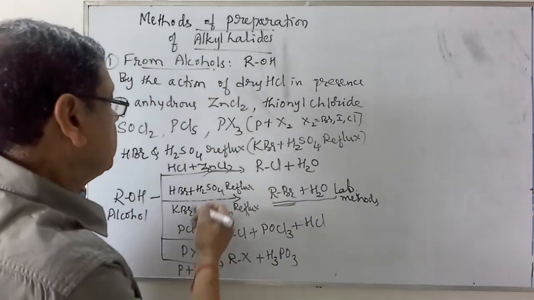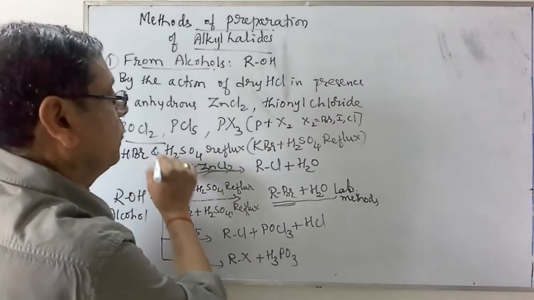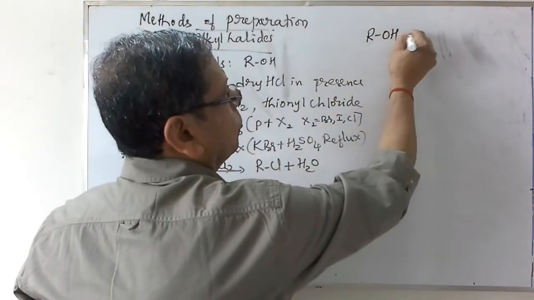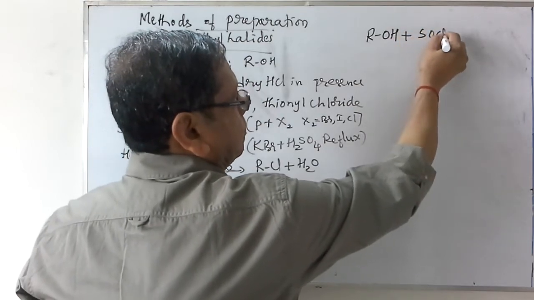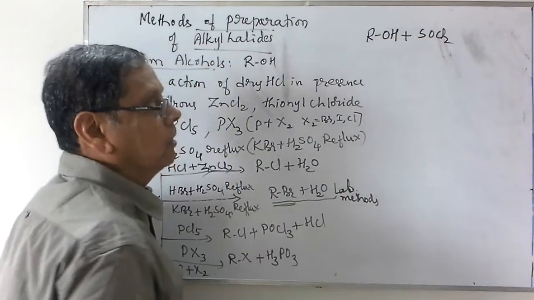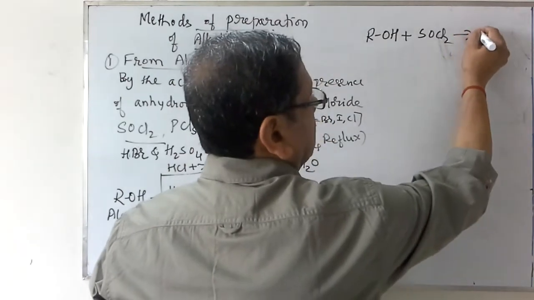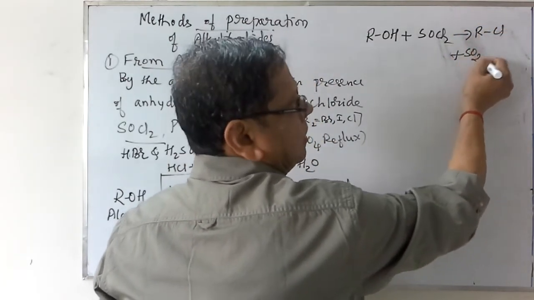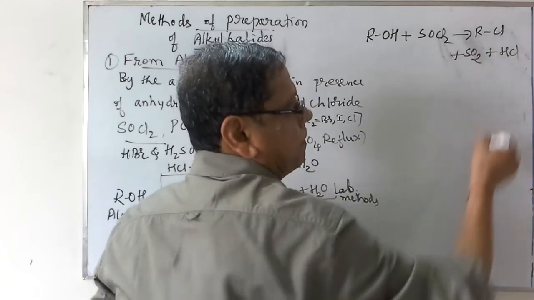But one more method that is most important is using thionyl chloride. When we treat this alcohol ROH with SOCl2, thionyl chloride, the products are alkyl chloride plus sulfur dioxide plus HCl.